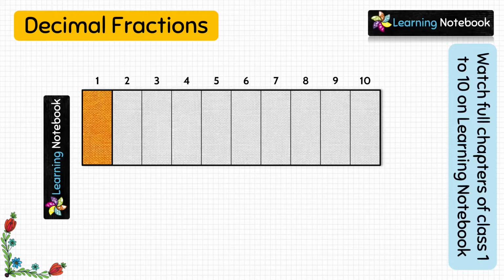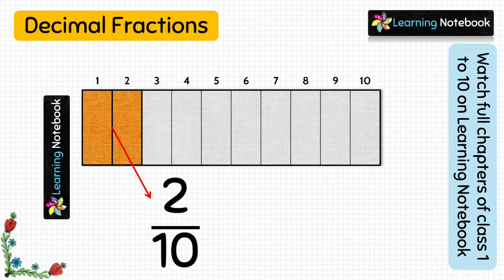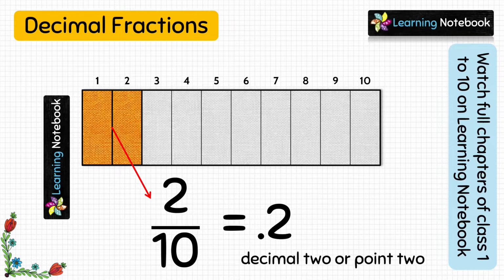Now if we color one more part of this cutout, it means we have colored two parts. So in terms of fraction, this colored portion represents 2 by 10. And in terms of decimals, we will write it as 0.2 or decimal 2.